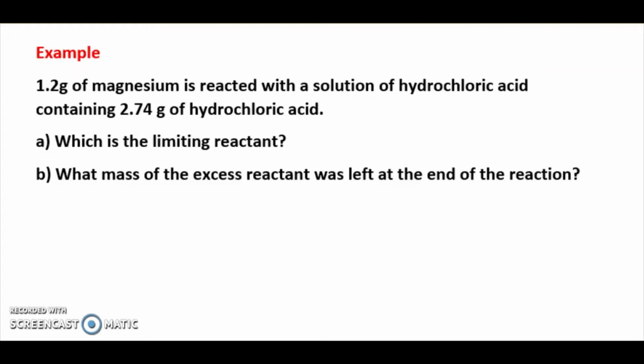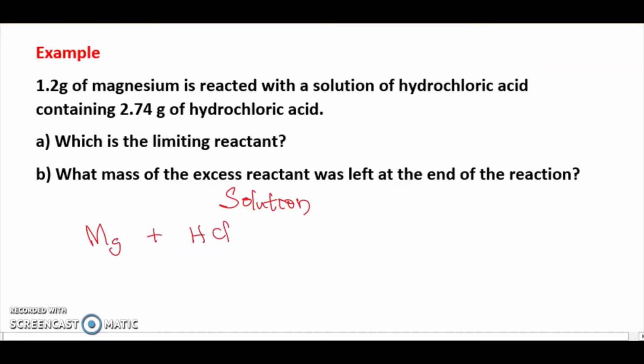Magnesium reacts with hydrochloric acid solution to form magnesium chloride plus hydrogen. Let's balance the equation. So that is the chemical equation for the reaction.